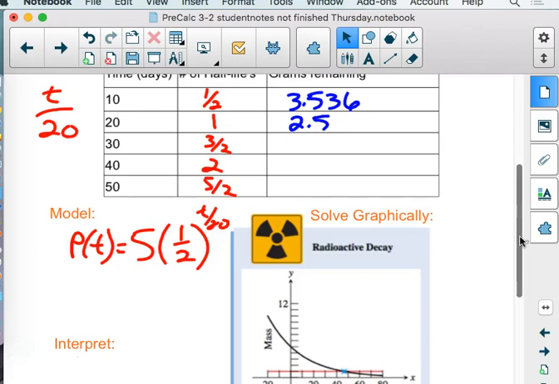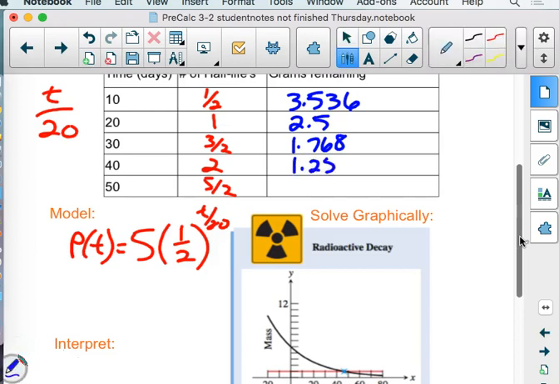And then 3 halves, so second enter. 3 divided by 2 parentheses. 1.768 grams. Change it to a 2. 5 grams, which again makes perfect sense if you think, well, that'd be half of a half.